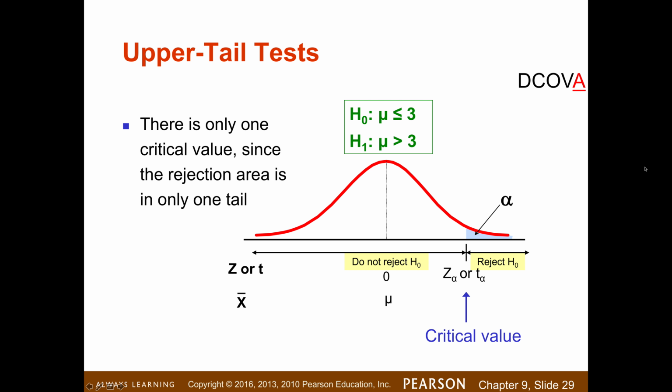The purpose of the upper tail test is to show that something has increased. Okay? An upper tail and lower tail test have only one critical value. So all of our rejection region, all of our alpha, is put in one tail. It's not split and put into two tails as it is in a two-tailed test.